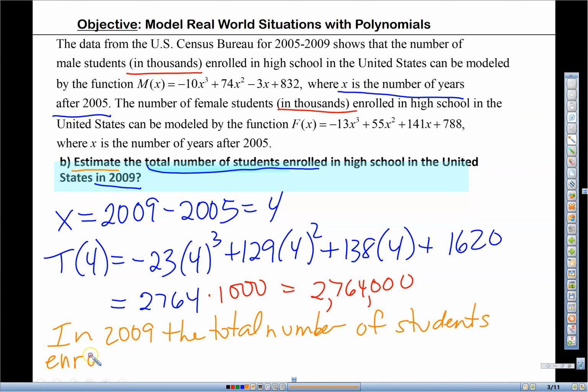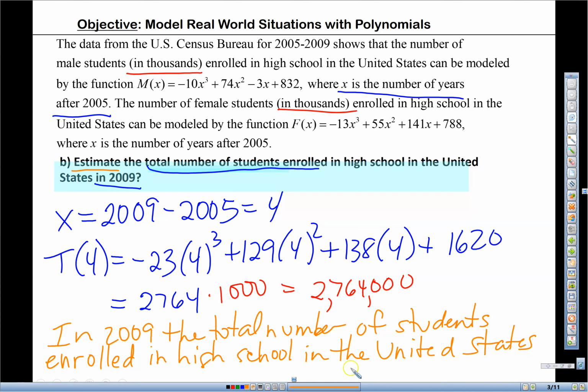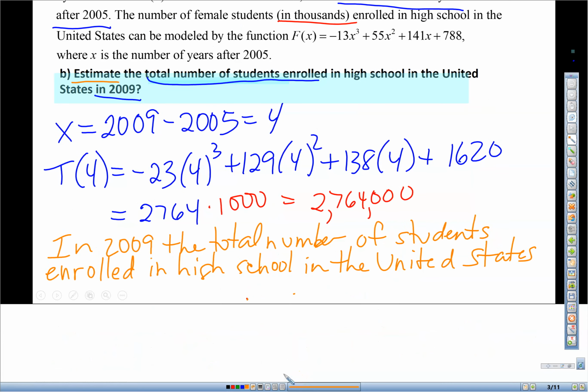Enrolled in high school in the United States, because other countries have high schools too, is estimated to have been, because this is in the past, 2,764,000.